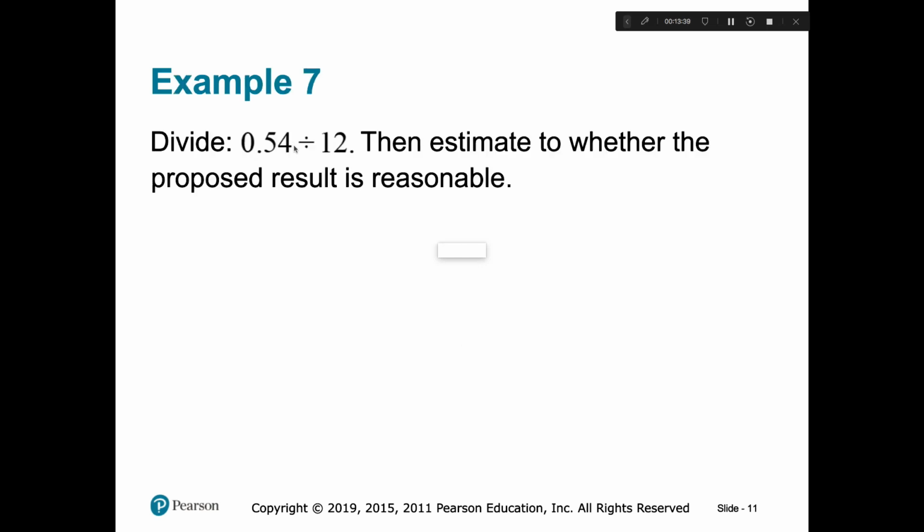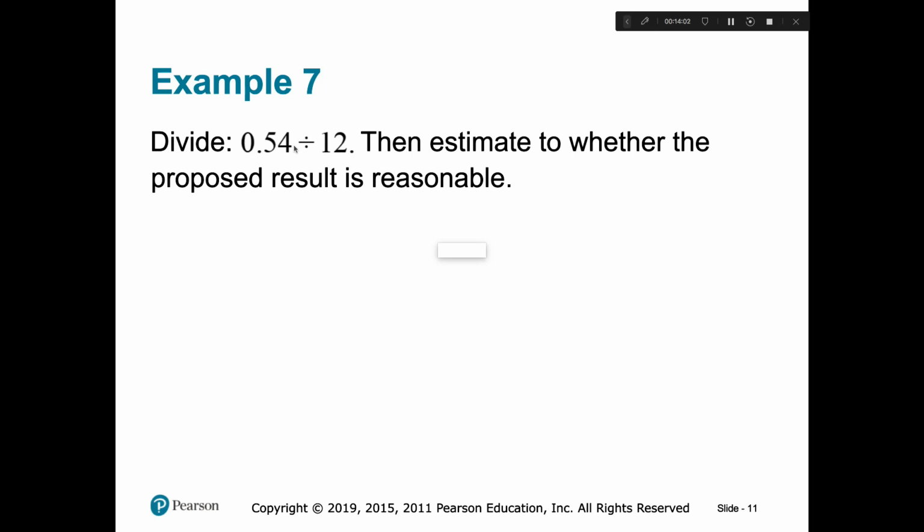The next one is 5400ths divided by 12. Which of these is going to go inside my box? 5400ths. Even though it is a smaller number, that is our dividend because it comes first in our problem.